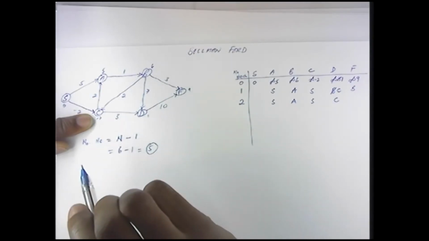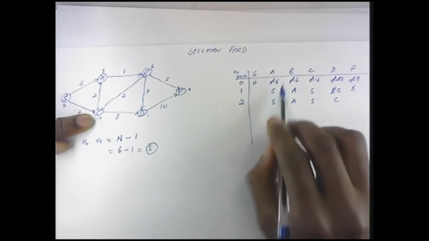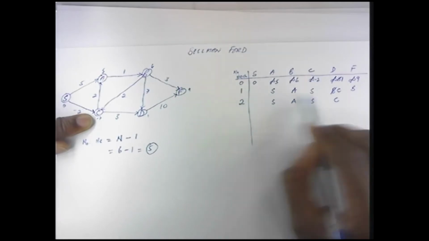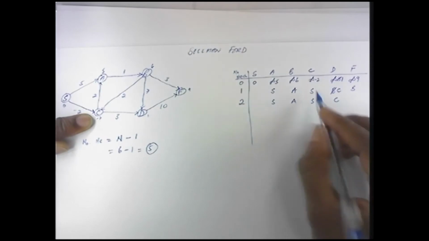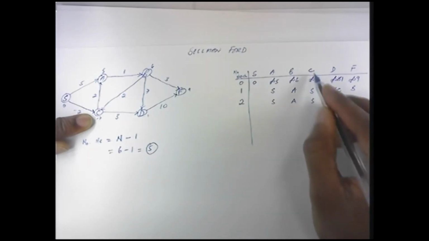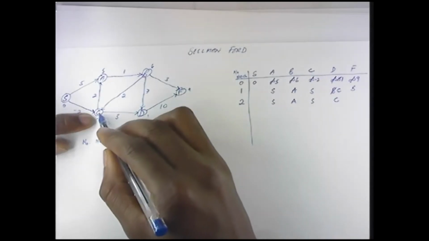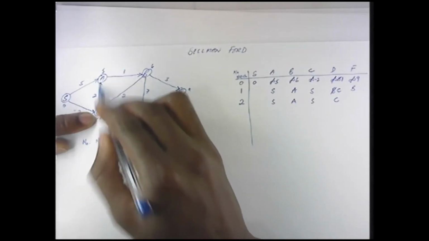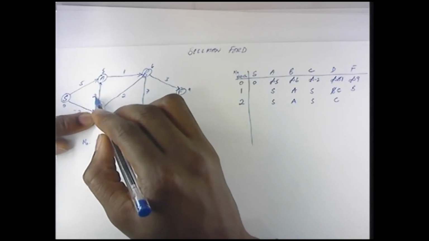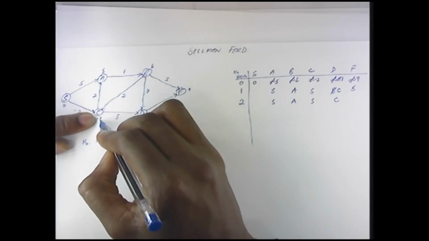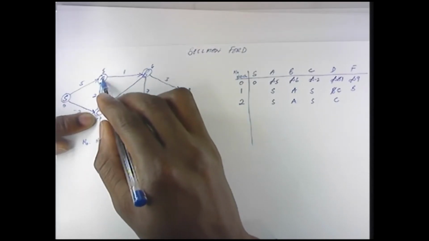Oh, okay. Now let's look at our initial first iteration from C. Okay, take note. Now from C, we had C to A. There's a link here. We forgot that. And that's at a cost of 2. 2 plus 2 is 0. 0 compared to this is what?